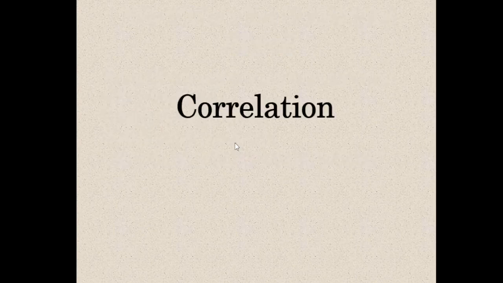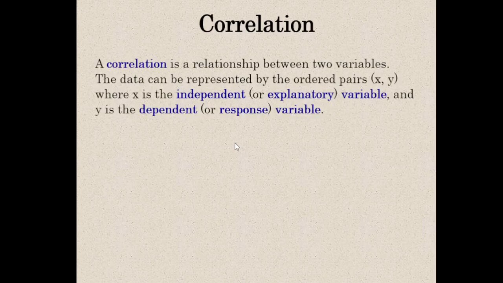Now the scatter plot concept, correlation. Let's understand what is correlation. The correlation is a relationship between two variables. क्या है?